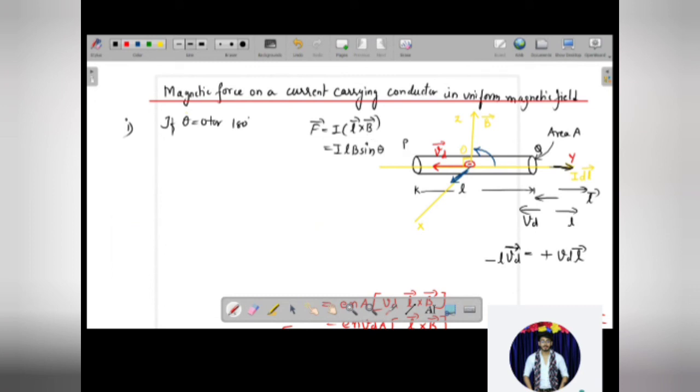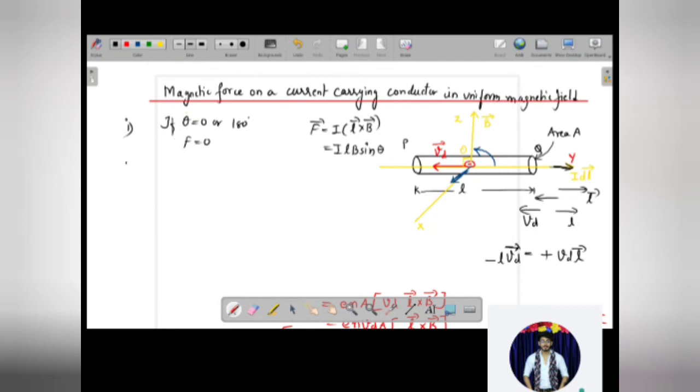Now if theta is equal to 0 or 180 degrees, that means your current direction, or the length direction, and your magnetic field direction are the same. Your current is flowing in the direction or opposite to the direction of magnetic field. So in that case, the force is going to be equal to 0. The magnetic force acting on the current carrying conductor is 0, so it is not going to move.